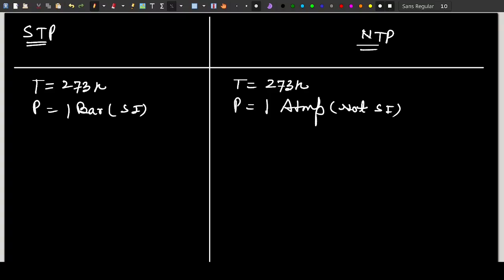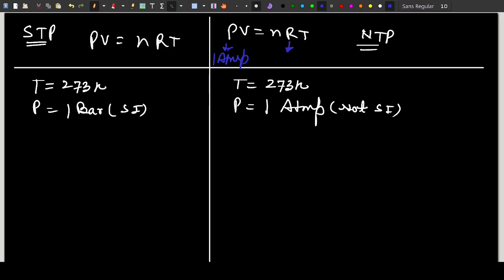So friends, we know PV is equal to nRT. What value of R should we take here when the pressure is 1 atmosphere?